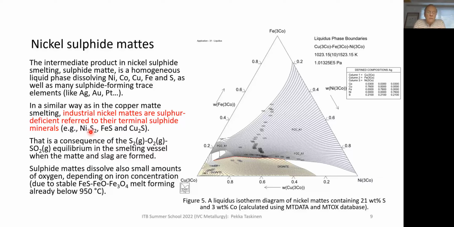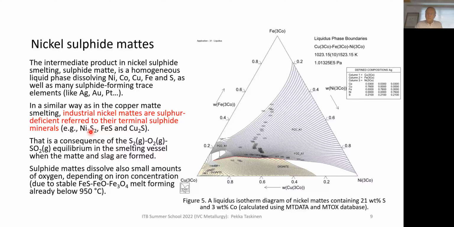So this is the general characterization of nickel sulfide mattes. And they also, in the same way as copper mattes, dissolve small fractions of oxygen, depending on the iron content, because the solubility of oxygen comes from the iron-sulfur-oxygen corner of the nickel sulfide matte.